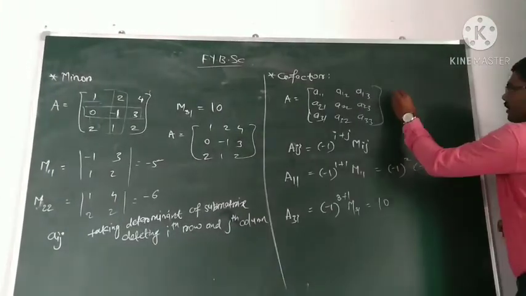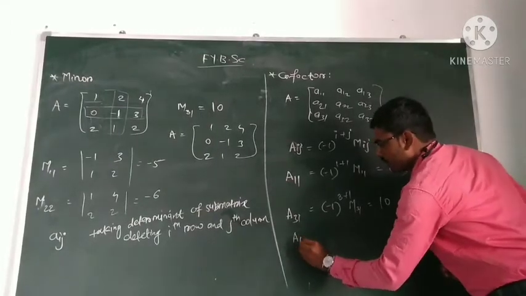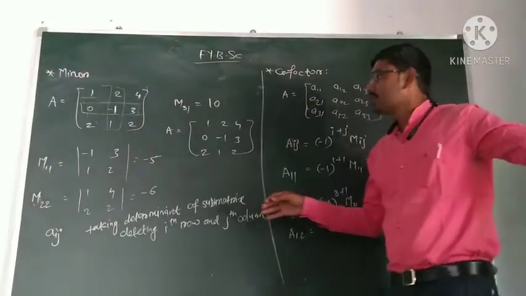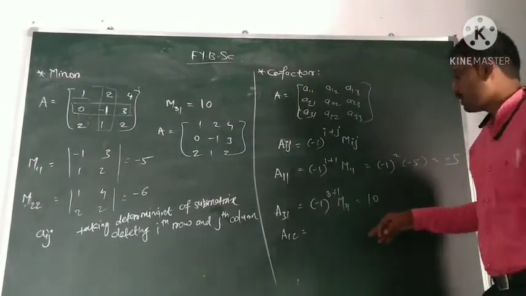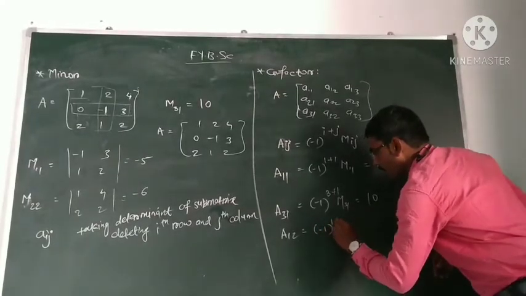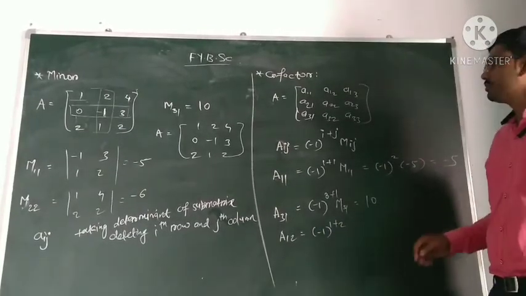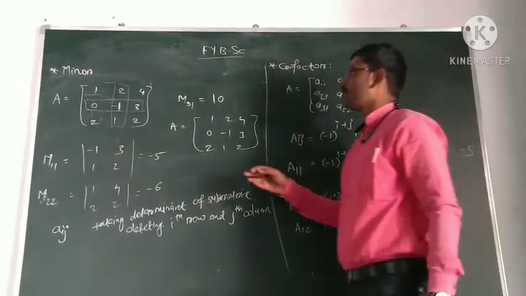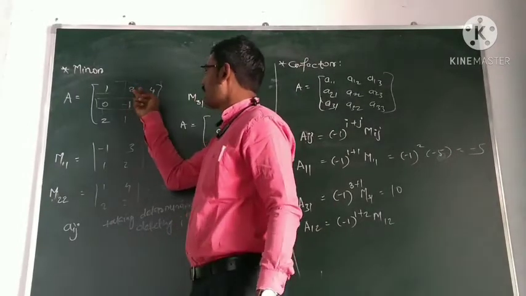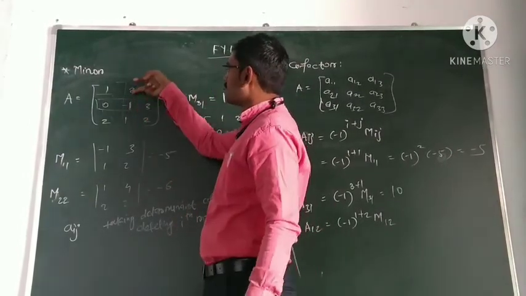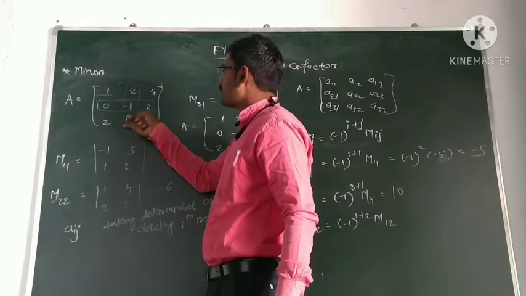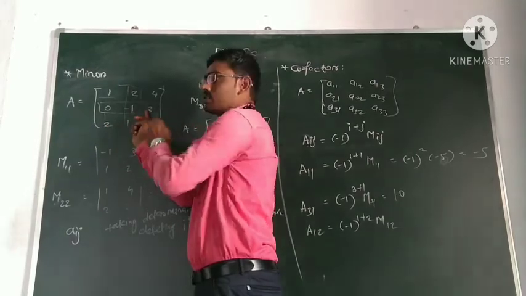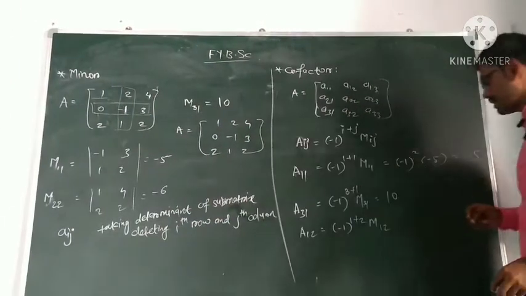The cofactor of A12 is equal to minus 1 raised to power 1 plus 2 into the minor of A12. First we have to find the minor of this element. It is the determinant of the matrix obtained by deleting this column and this row. So 0 into 2 is 0, minus 2 into 3, so minus 6. So the minor is minus 6.